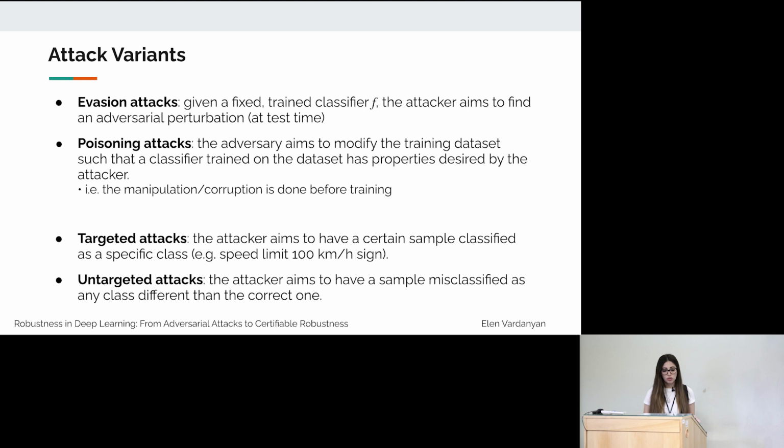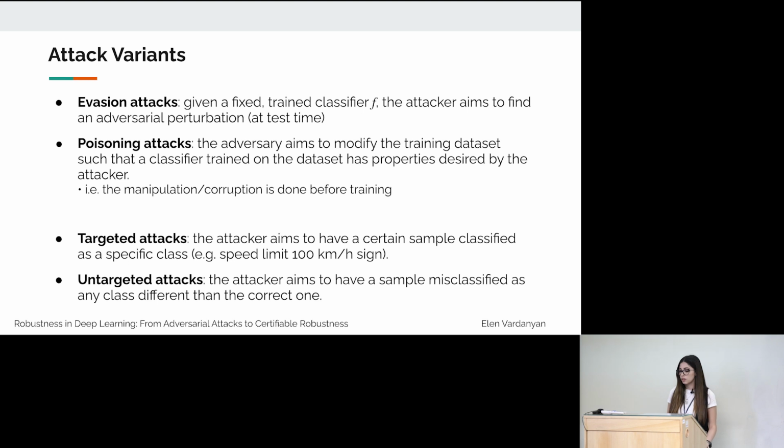In contrast, poisoning attacks are when the adversary wants to modify the training set and train on it, so that the classifier trained on this changed data set has properties the attacker desires.